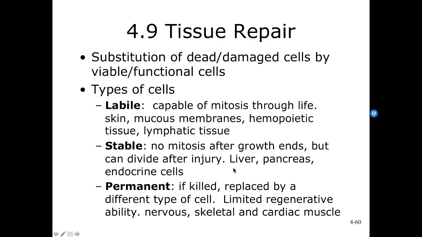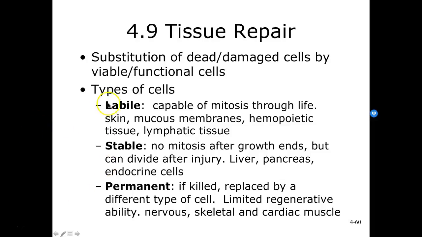So the way we can find out whether our tissue repair is going to be more of regeneration or replacement is depending on the extent of the wound and also what type of tissue we have there. And we know our tissues are made out of cells. So we have 3 different types of cells, which we've categorized for tissue repair.